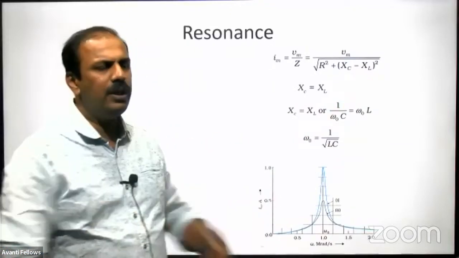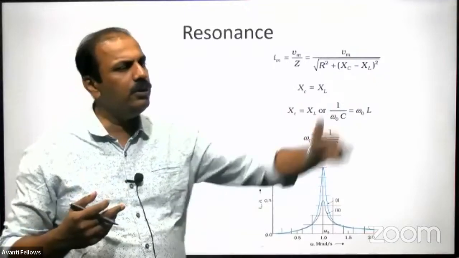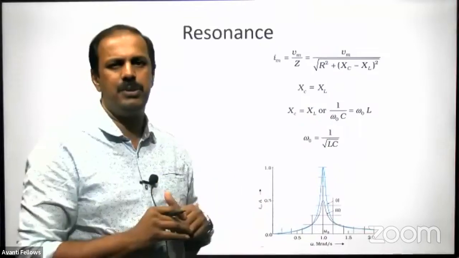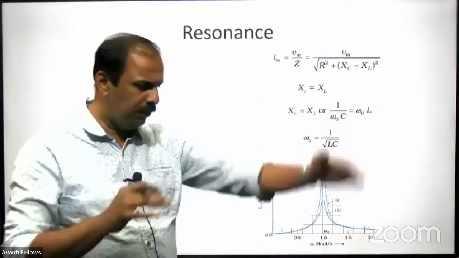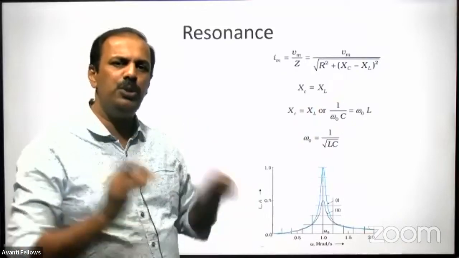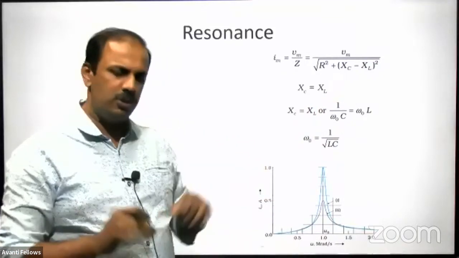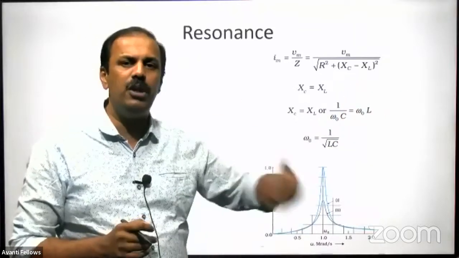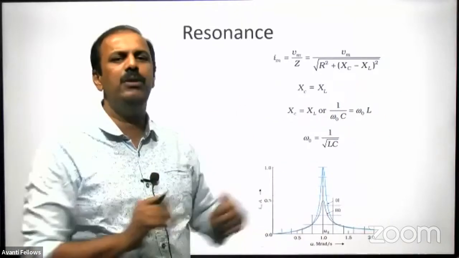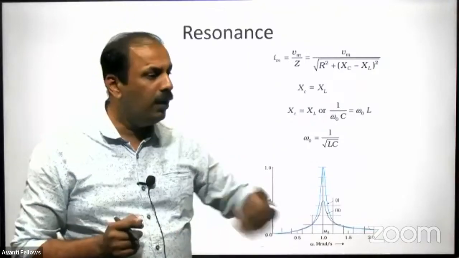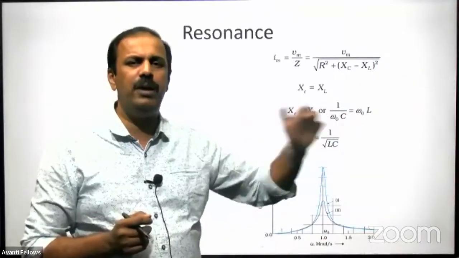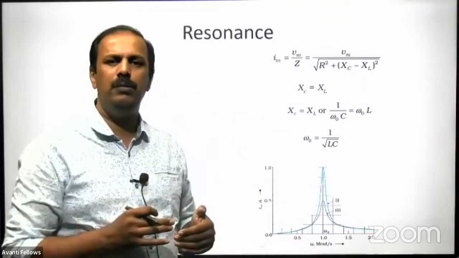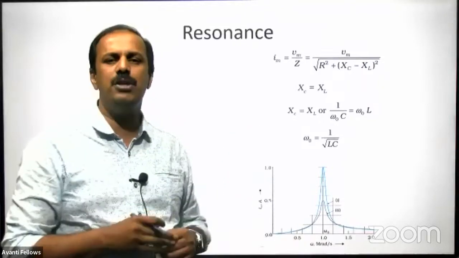So if you want to continue the push, or you want to continue it to swing, when it is coming 10 times in 1 minute, you have to push it 10 times. So the time interval will be correct. So your frequency of applying force and the natural frequency of that swing is the same, then only it will have a maximum swing. And if that swing is coming 10 times in 1 minute and you are pushing 11 times, your timing will go different. And if you do it 9 times also, it will go different.